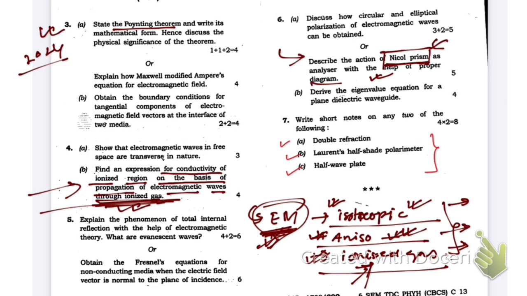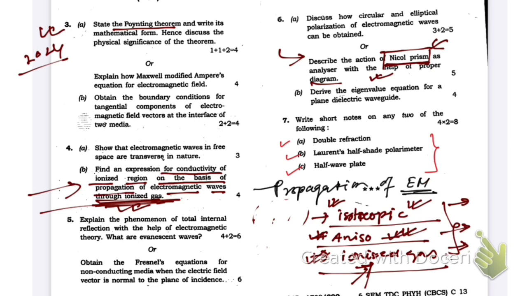So that's why I request you to study the propagation of EM wave, that means electromagnetic wave, through isotropic dielectric medium, or in some books, instead of dielectric, they write non-conducting medium.